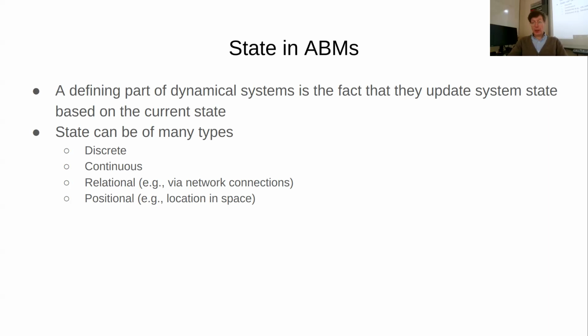And whether you're characterizing stock and flow models, compartmental models, in other words, ODE models on the one hand, or agent-based models on the other, or for that matter, discrete event simulation models, they all share that general characteristic. That generally the update to the system depends on the current state. We specify it in different ways.